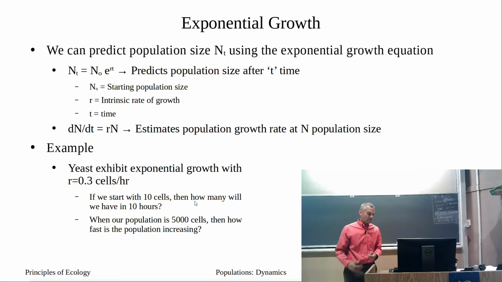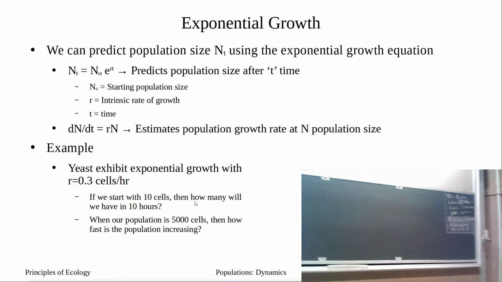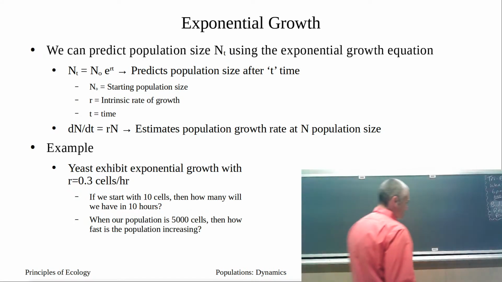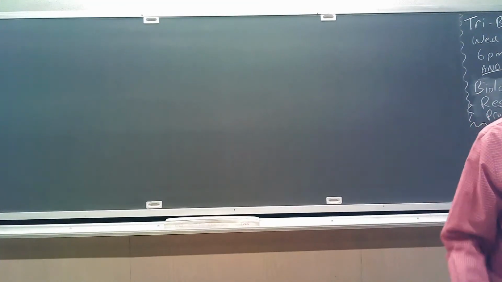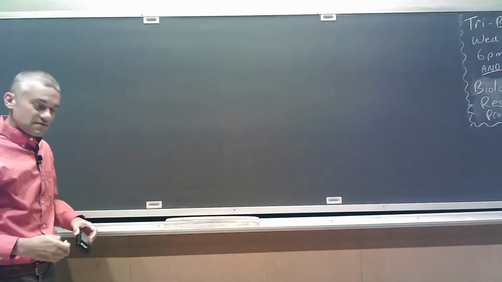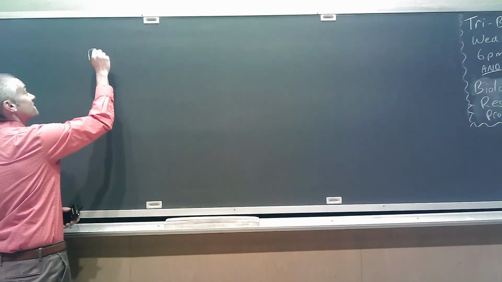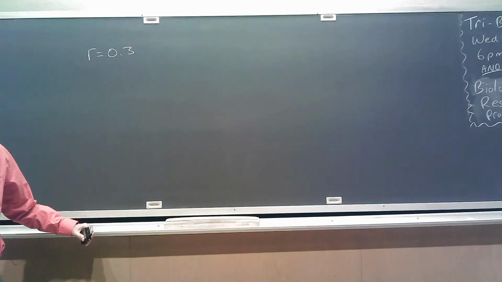So as with anything, what I like to do is go ahead and write out all the information that's given to us in our problem. So let's start with what do we know? What is given to us? So we have R. R is 0.3 cells per hour.